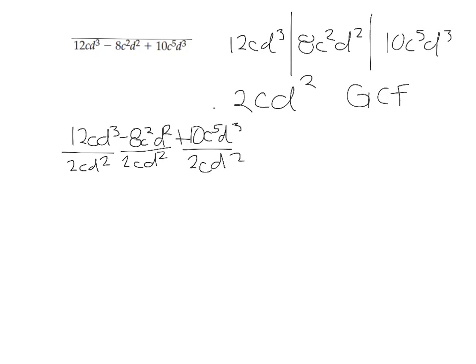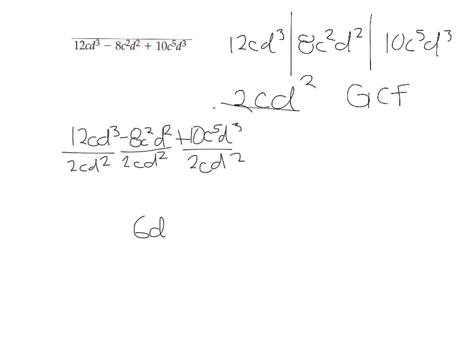Now I'm going to divide our trinomial out to start our method of GCFing. You can see I placed my GCF underneath the trinomial. I'm going to use the process of division. So 12 divided by 2 gives me 6. C divided by C cancels out. D to the third divided by D to the second. That means I bring the 2 up and it becomes subtraction, so I get D to the first.